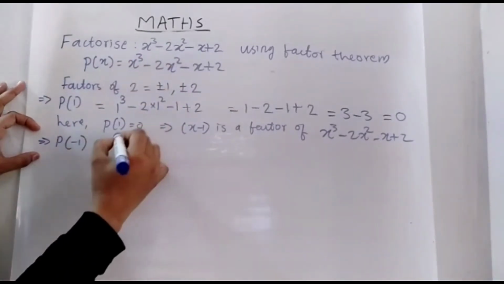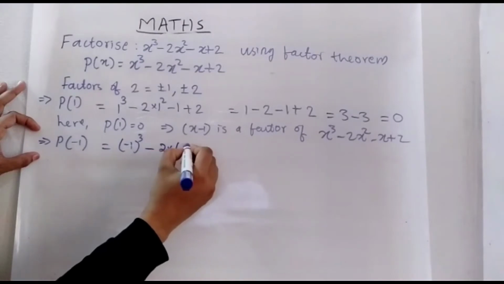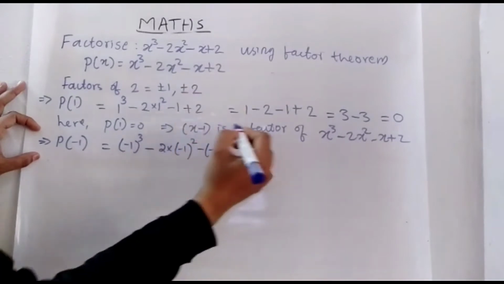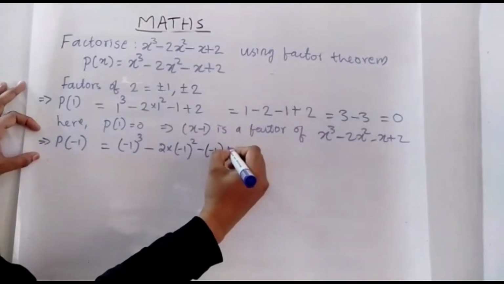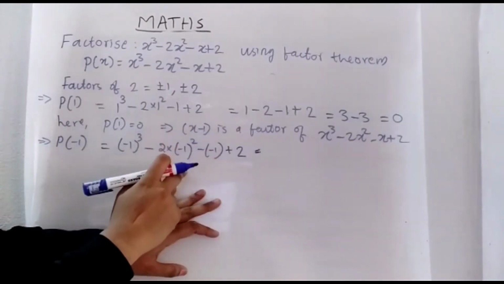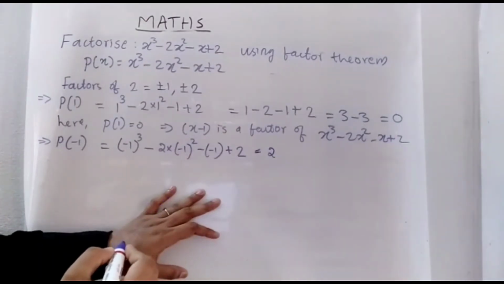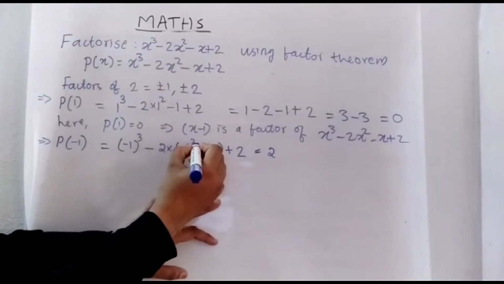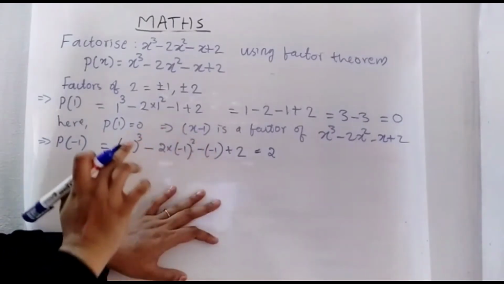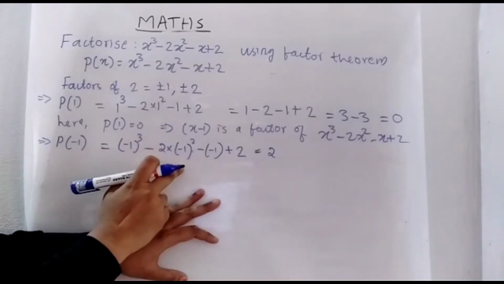X cube, minus 1 cube, minus 2 into minus 1 square, minus of minus 1. X is minus 1, already one minus sign is there. Sorry, by mistake I started from here.